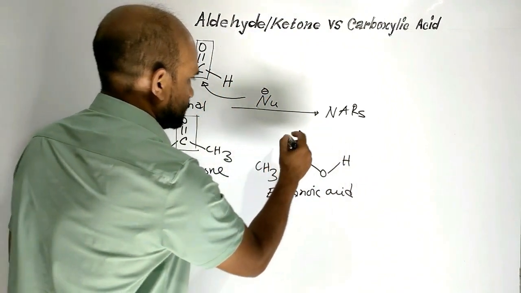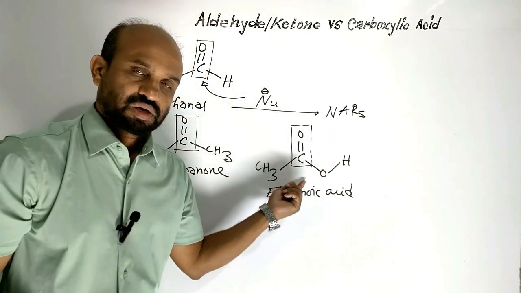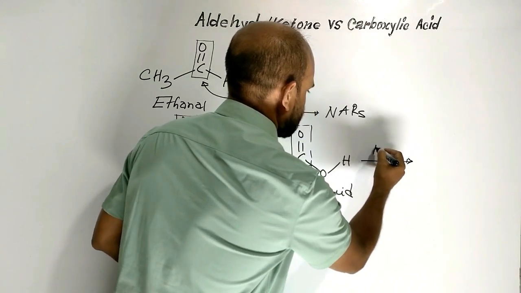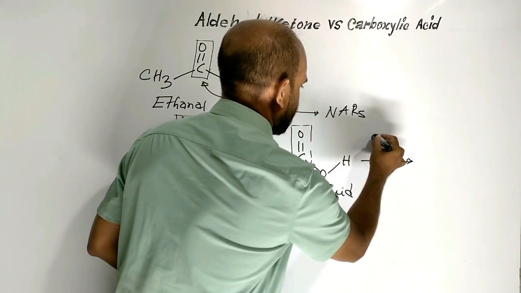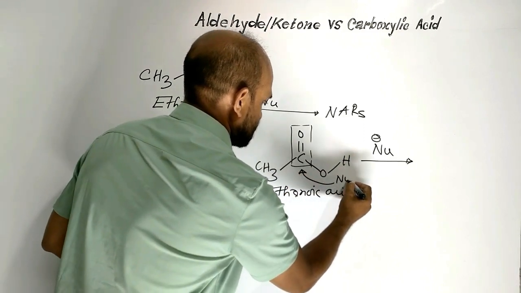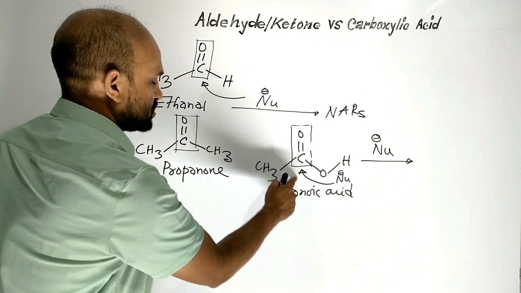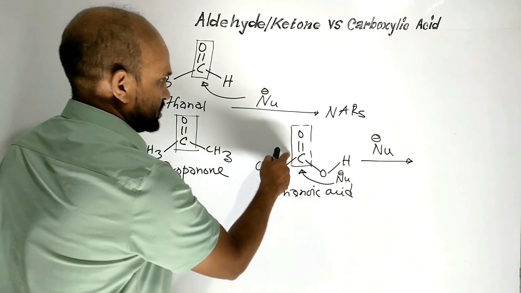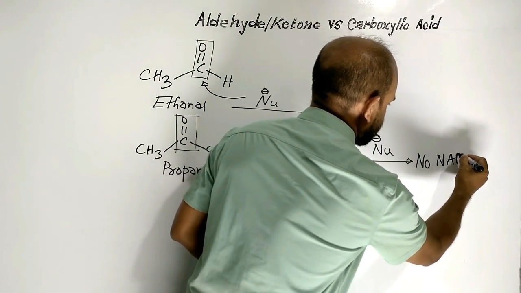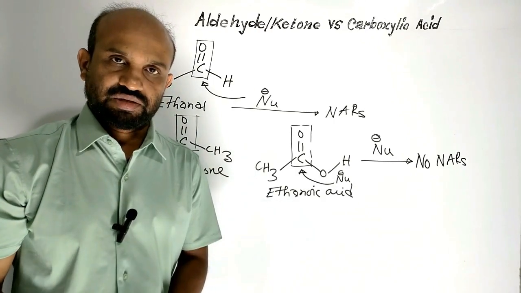Ethanoic acid contains a C=O group, a carbonyl group, but when it is treated with a nucleophile, the nucleophile cannot form a bond to the carbonyl carbon. That is, there are no nucleophilic addition reactions by carboxylic acid.